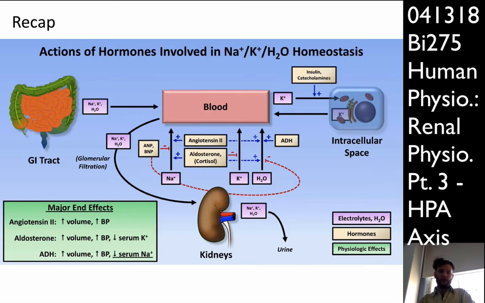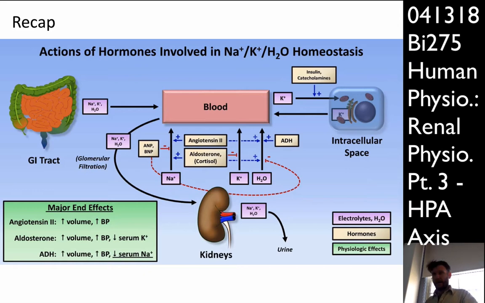All right, so here's a little recap. Water, sodium, and potassium get into the blood through the GI tract and are in exchange with the intracellular space. I didn't talk about, and I won't really talk about, insulin or the catecholamines very much.